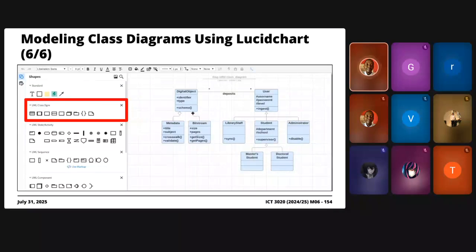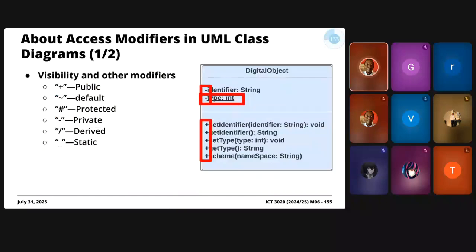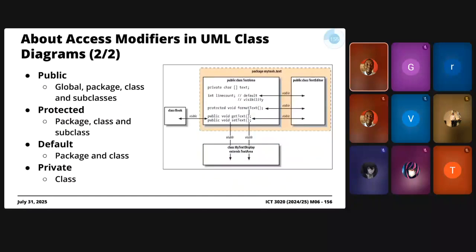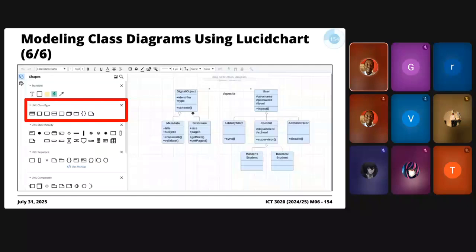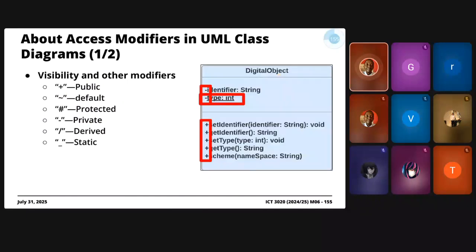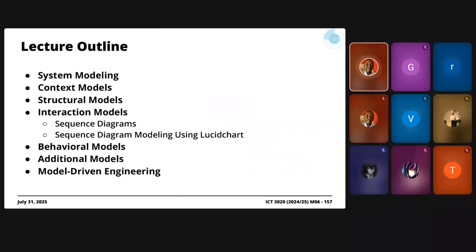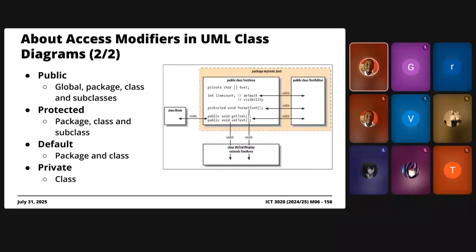When we meet on Tuesday, I'll do a demonstration of model-driven engineering using a tool itself. But ultimately, what I wanted to leave you with, and I've answered the question I asked you, is that these access modifiers mean something in Java, for instance, and to a certain extent this is applicable to other languages.